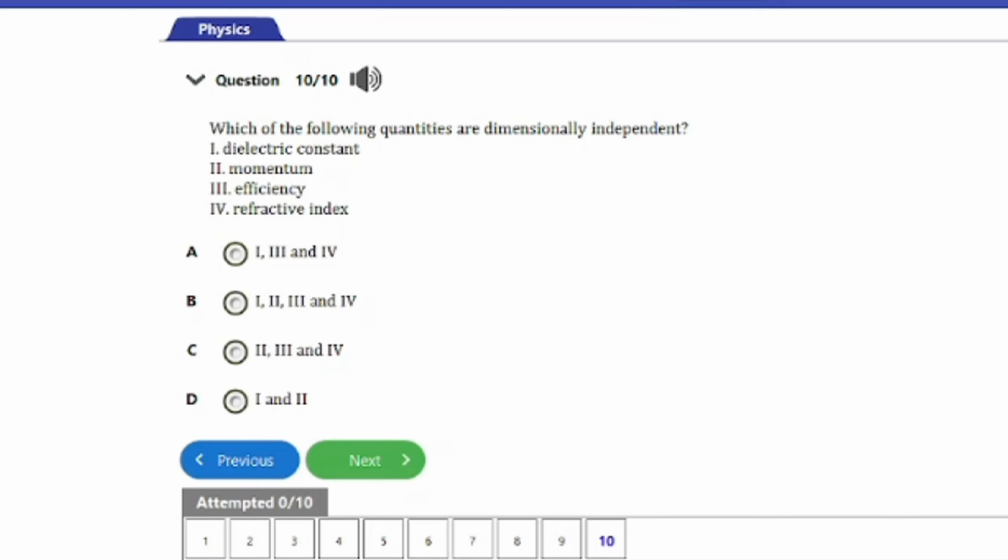C, I and IV. D, I and I. So guys, the answer to this question is option A, I and IV. The quantities here that are dimensionally independent are the dielectric constants, the efficiency, and then refractive index.